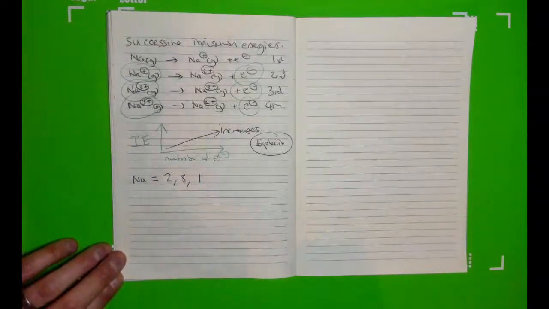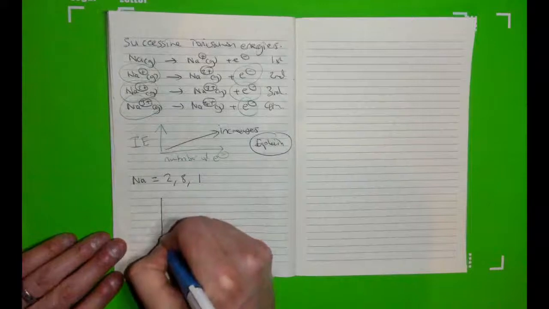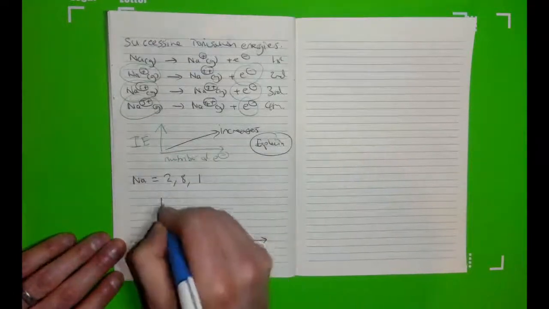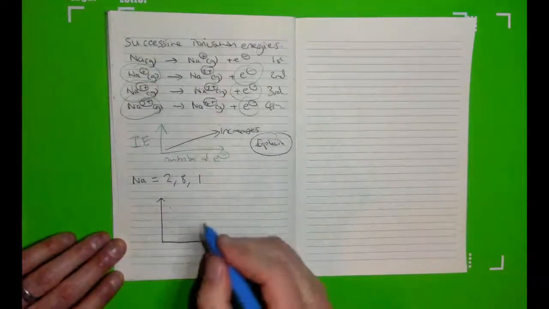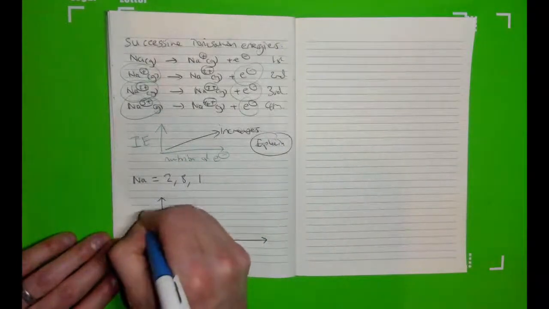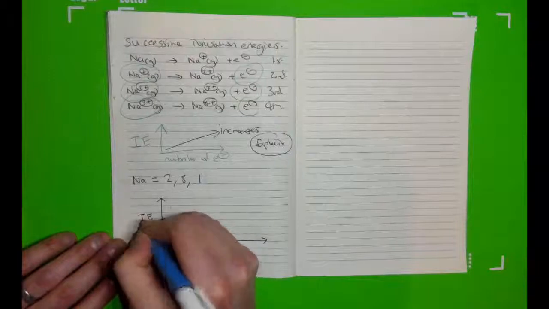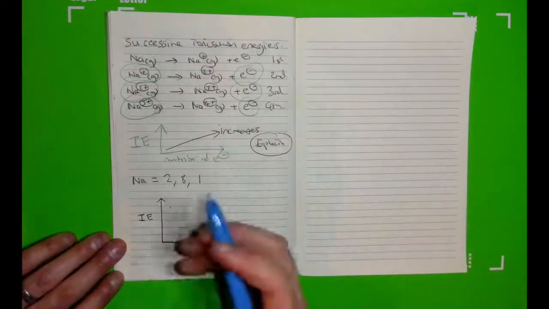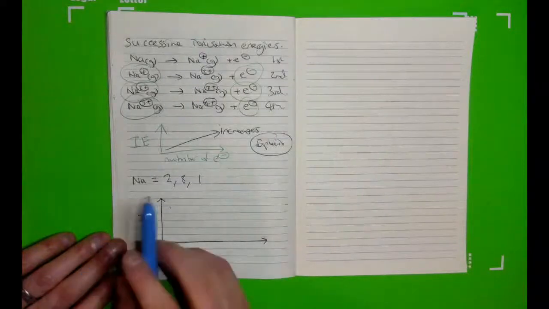So let's draw a little graph for the successive ionisation energy of sodium for these 11 electrons. Let's pick the electrons off one by one. So we've got ionisation energy on the y-axis here. Often we use a logarithmic scale, and that's because it's quite easy to see the pattern on the logarithmic scale, but you don't need to worry about that.